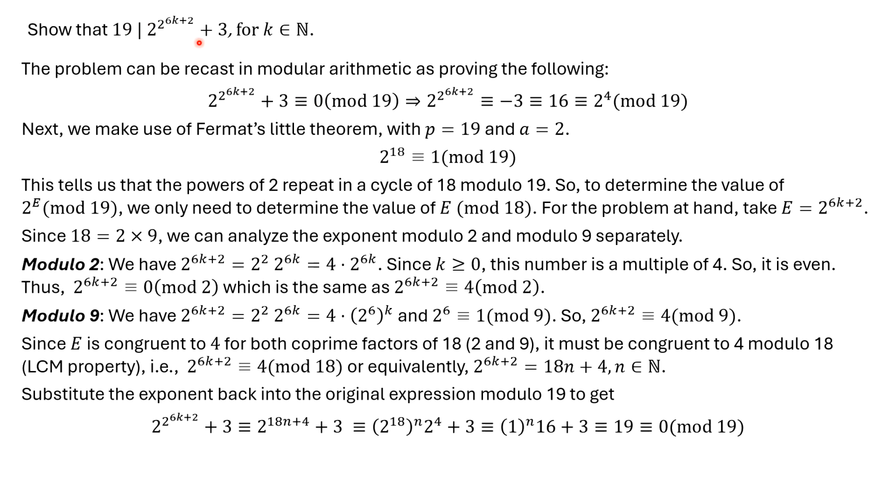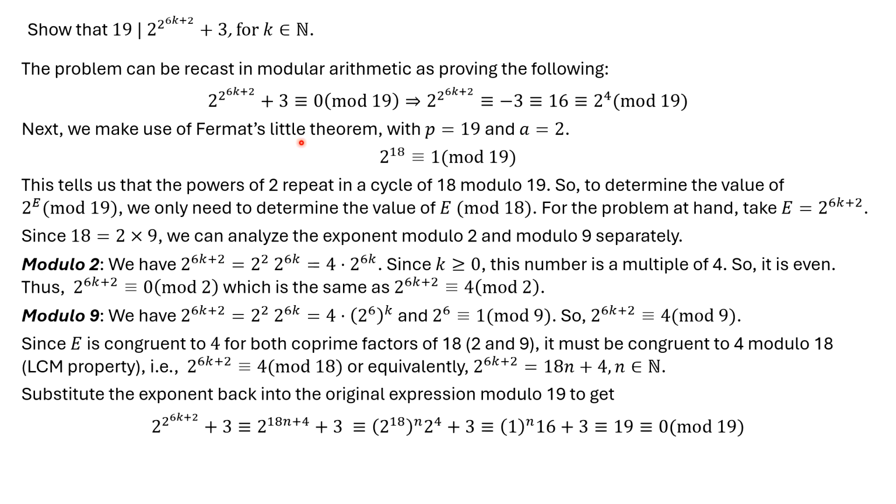This is just writing it in terms of modular arithmetic. Then we can take the 3 to the other side and get minus 3, which is congruent to minus 3 plus 19 mod 19, which is 16, or 2 to the 4th.